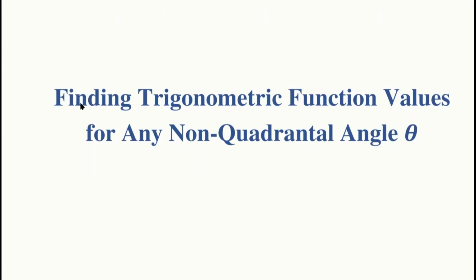All right, so basically to find the trigonometric function values of any non-quadrantal angle theta, we need to follow a very simple procedure which involves reference angles. So let's take a look at that procedure.